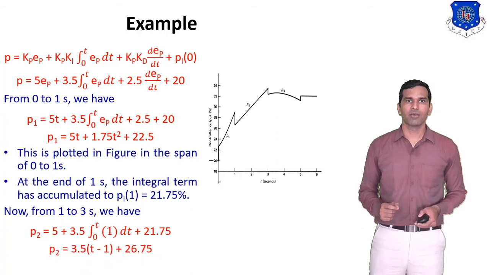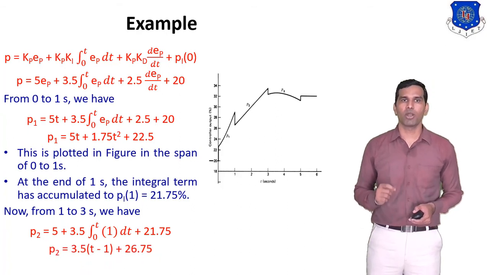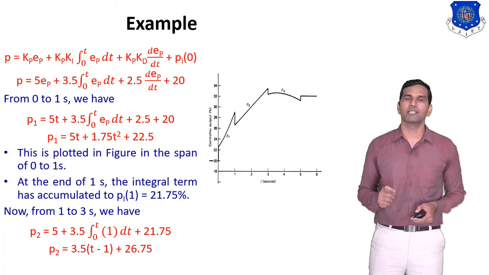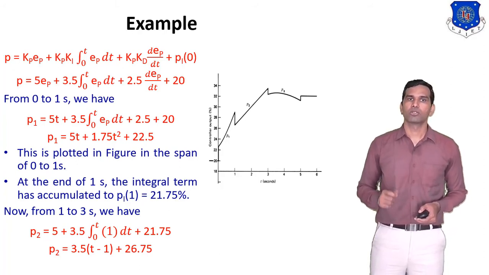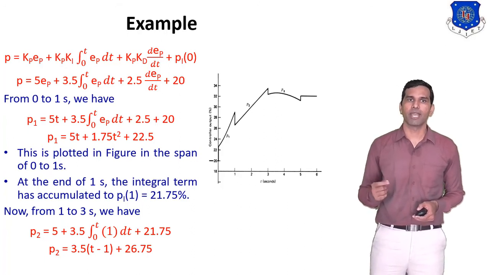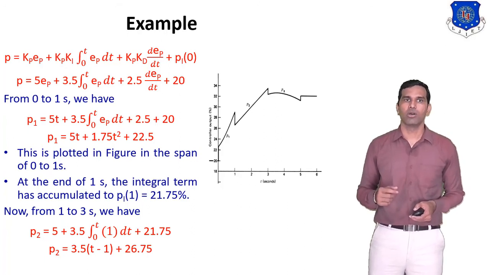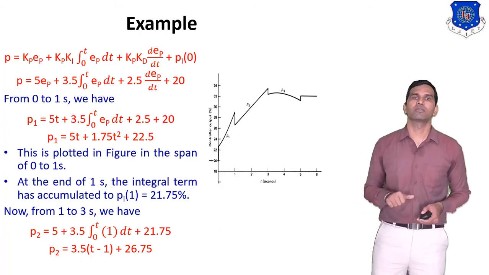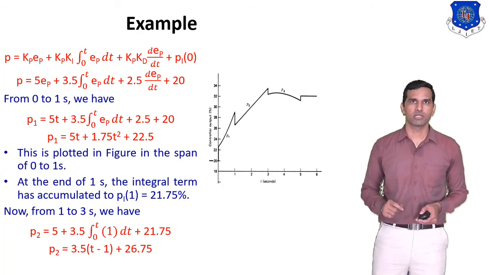Here we simply integrate the value 1 and get t. So we finally get P2 equals 3.5 t minus 1 plus 26.75.